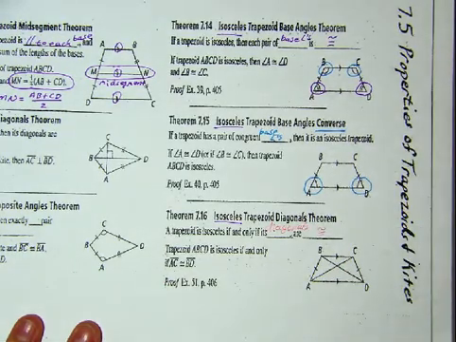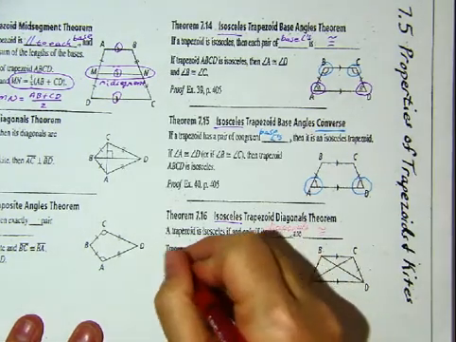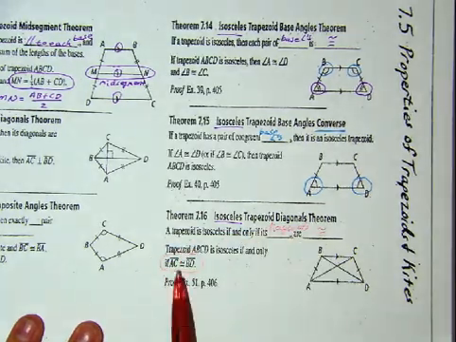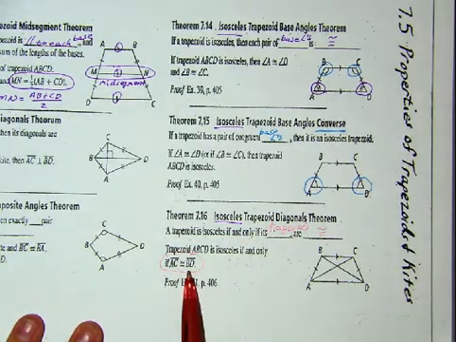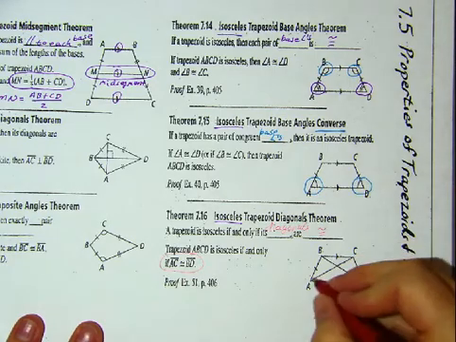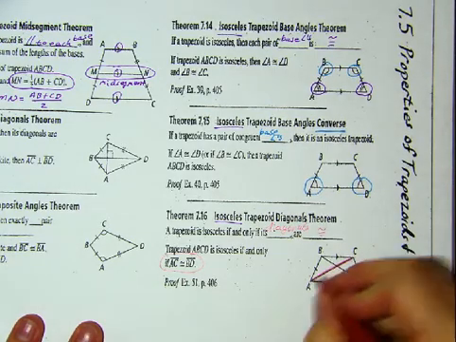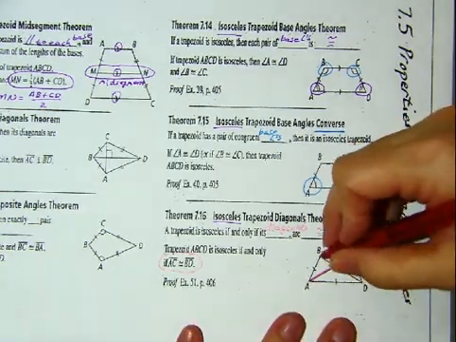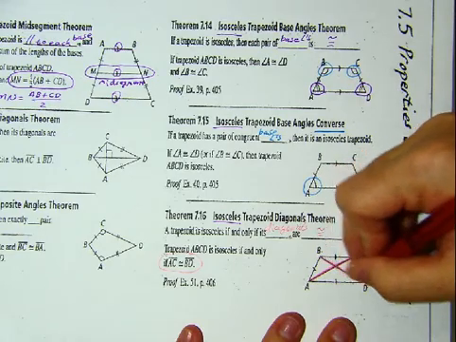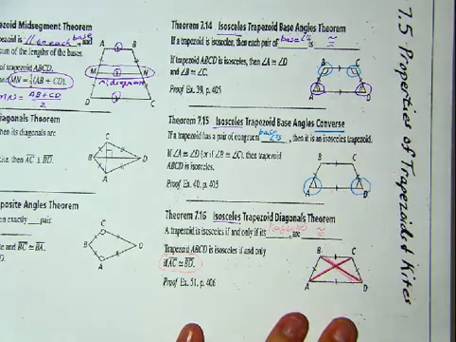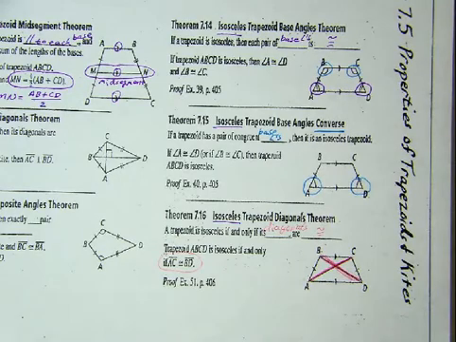Okay, the diagonals are congruent to each other. So I'm going to circle this over here. So we have AC is congruent to BD. Okay, so we're looking at this one and this one. You can also highlight those if you would like. Okay, so that's what we have in regards to our trapezoid.